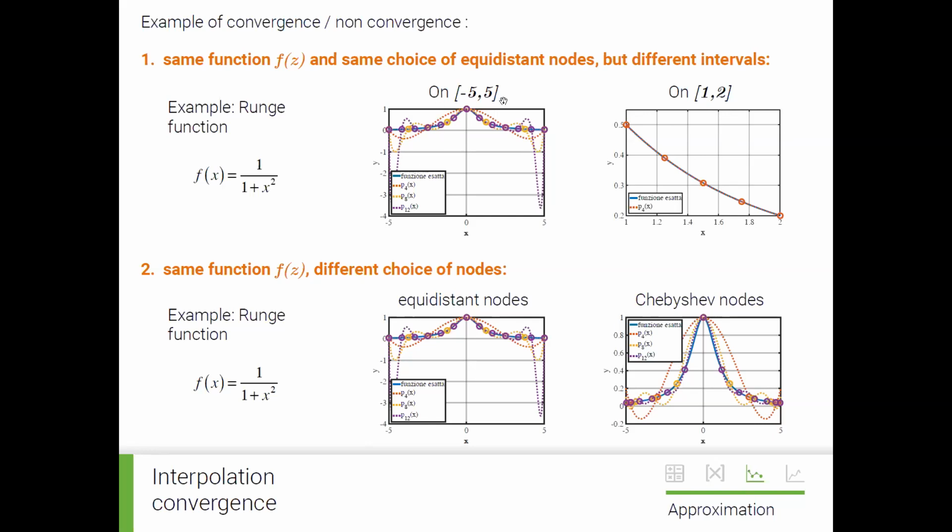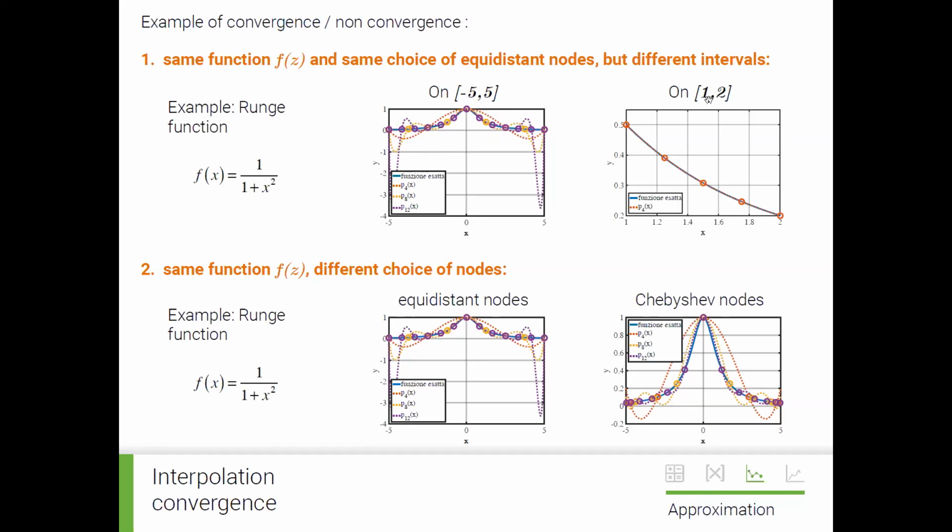On the interval -5 to 5 they are non-convergent, because this is the graph of the exact function and these interpolation polynomials are not close to our graph.